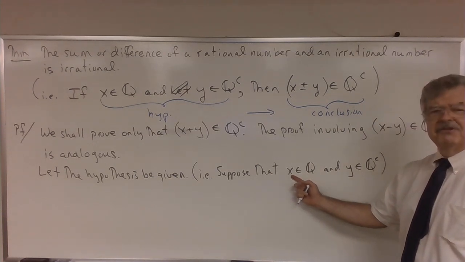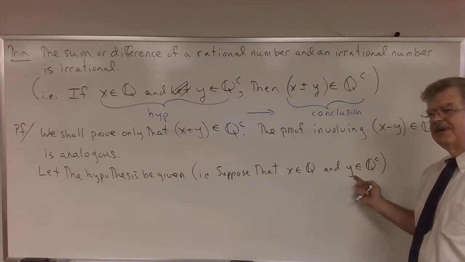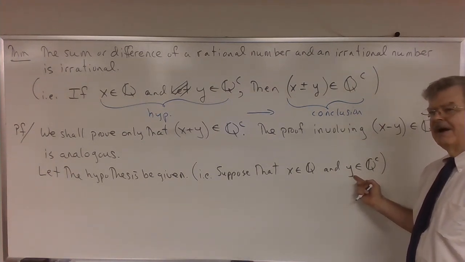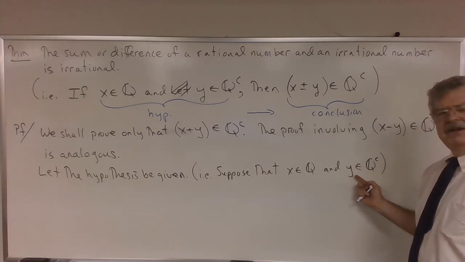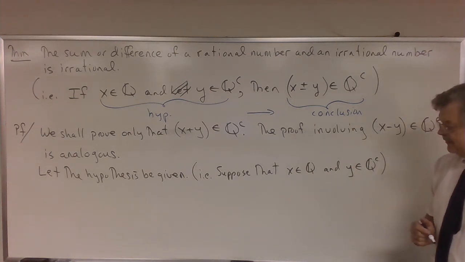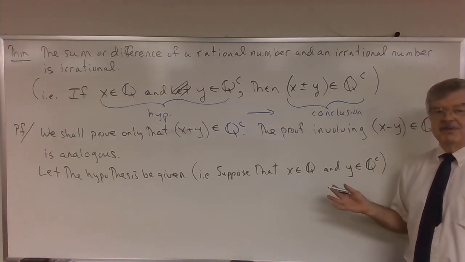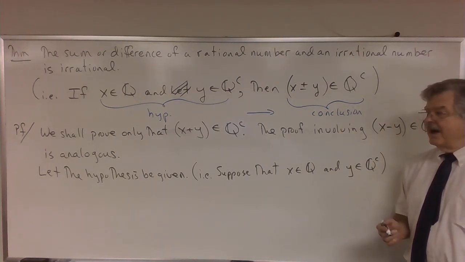X is rational, it's the quotient of two integers, denominator non-zero. Y is irrational. Well, what does it look like? We don't have any tidy characterization for an irrational number. So now I've written my hypothesis down and I still don't know what to do. I haven't got a clue what to do next.